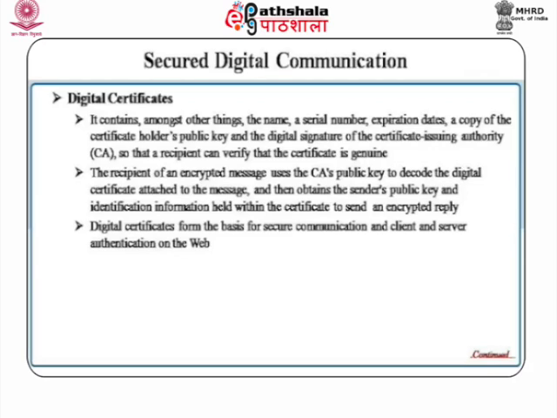The recipient of an encrypted message uses the CA's public key to decode the digital certificate attached to the message, and then obtains the sender's public key and identification information held within the certificate to send an encrypted reply. Digital certificates form the basis of secured communication and client and server authentication on the web.